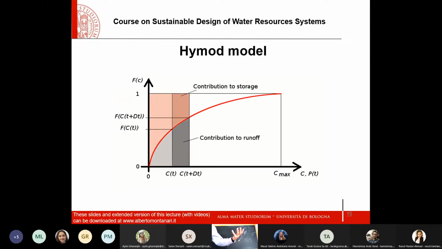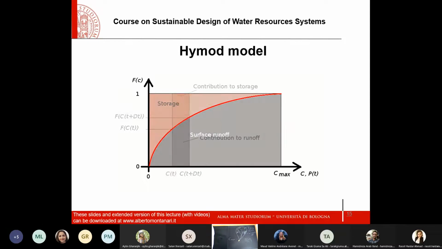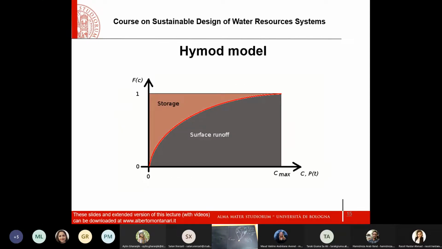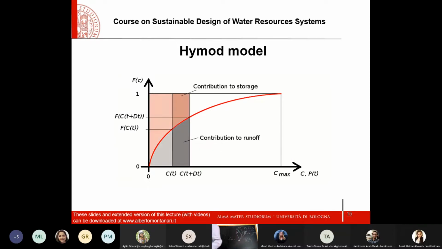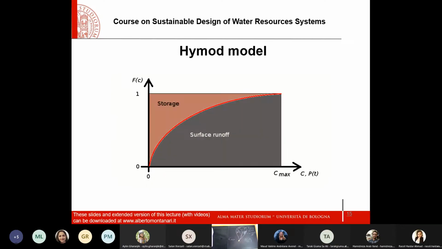I try to do my best to make things understandable. And I think it is interesting to look at what happens after saturation. After saturation, the basin is saturated. So if you have rainfall that exceeds Cmax, you see the black rectangle, it's surface runoff after saturation.